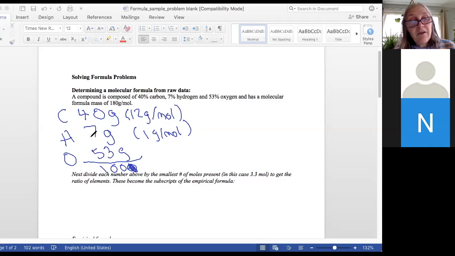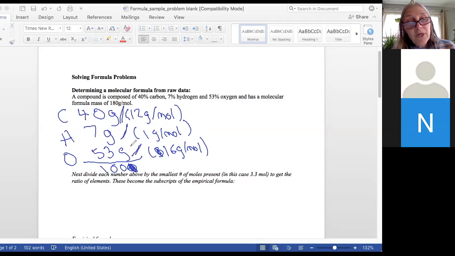Hydrogen is the lightest element. It's only got 1 proton, no neutrons for the most common isotope, so it's 1 gram per mole. And for oxygen, it's 16 grams per mole. Now we have to divide.